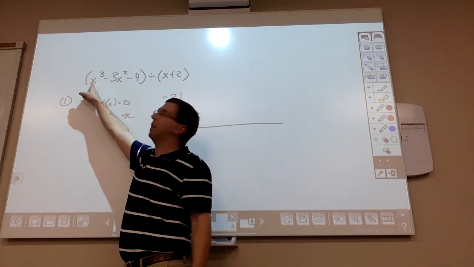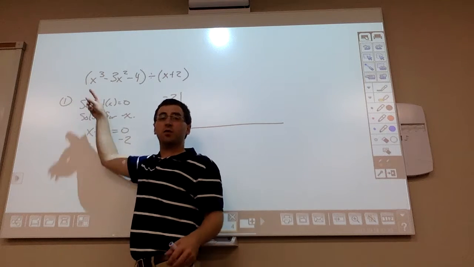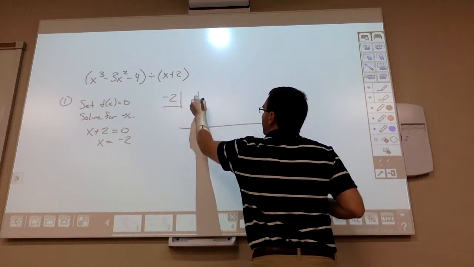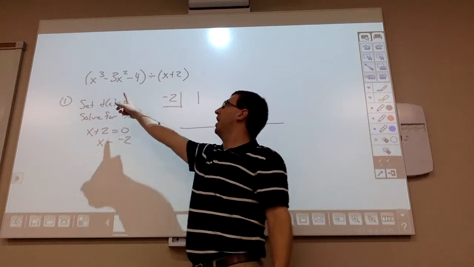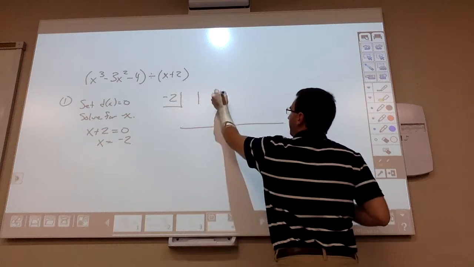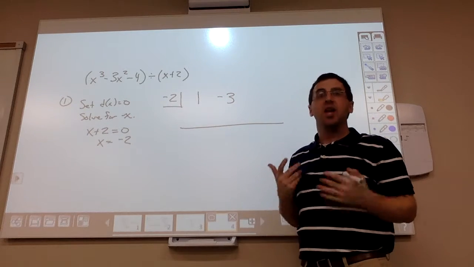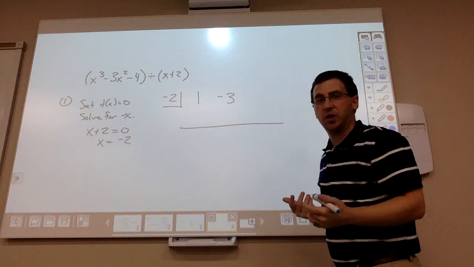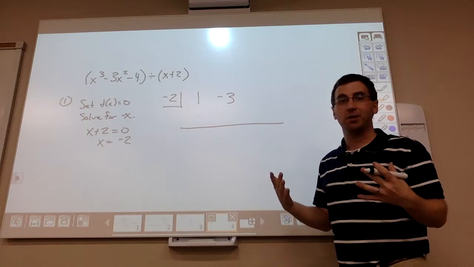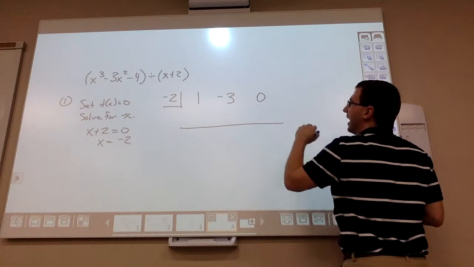So the coefficient of the x cubed term, this number on the outside here, that's an understood 1. Well, that 1 is going to go right there. The coefficient on the x squared term is a negative 3. Since we don't have a plain old x term, that's going to be a 0 for a coefficient, because if you don't have an x term, that's an understood 0 for a coefficient. And then we have the negative 4.